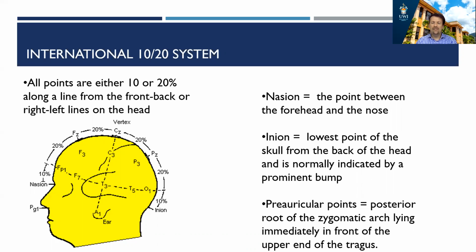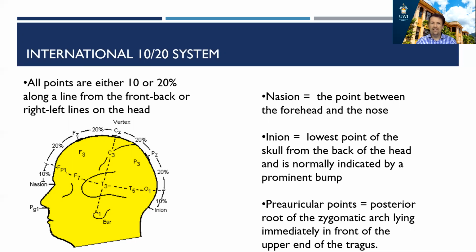So they've developed something called the International 10-20 system of placing electrodes, in which 20 electrodes are placed on the skull. You can do EEGs with as many as 128 electrodes, but this 10-20 system is a standard battery that is used in many EEG labs.